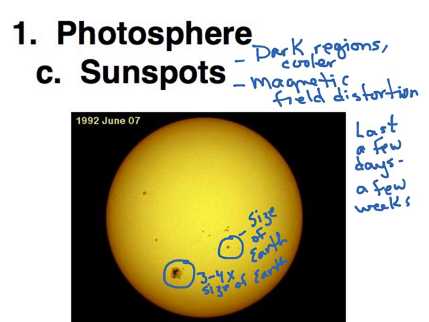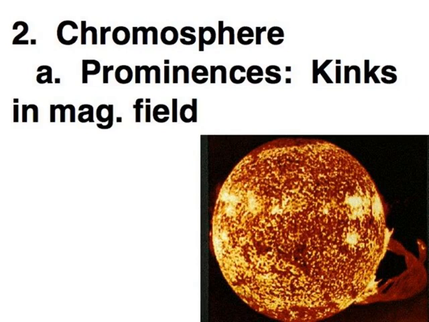So one of the things we'll see is that as the sun rotates, the sunspots will change position. So each day they'll be shifted a little bit due to that rotation. The chromosphere is our next layer out.